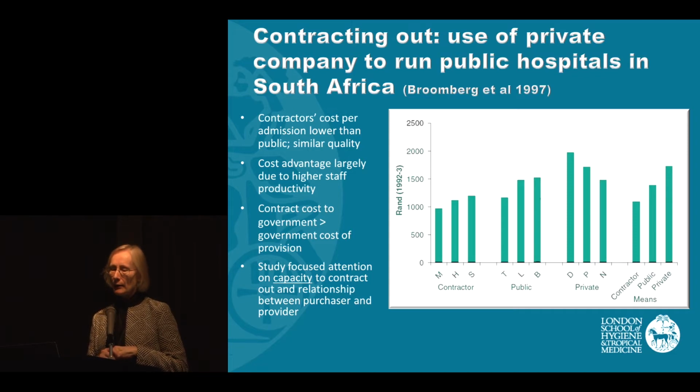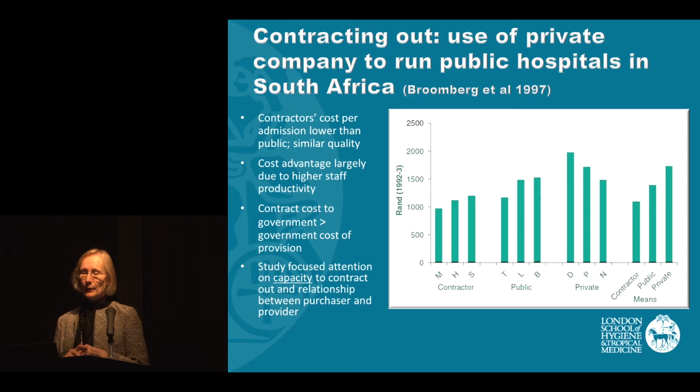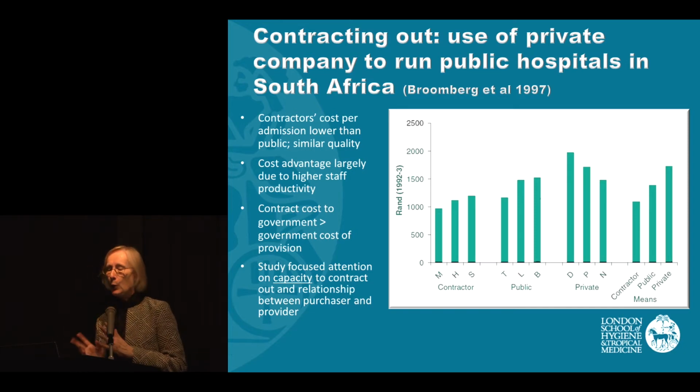They actually asked the private company to draft the contract itself, with the result that there was quite a large profit margin in the contract in favour of the contractor. Essentially, the government had not driven a very good bargain with the contractor. So what this study did was focus attention on the capacity to contract out and the relationship between the purchaser and the provider.